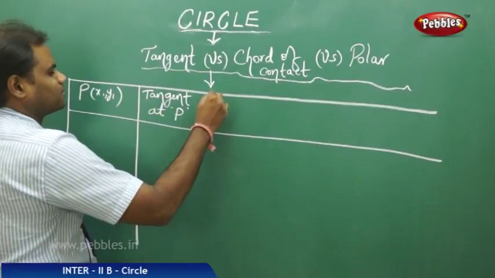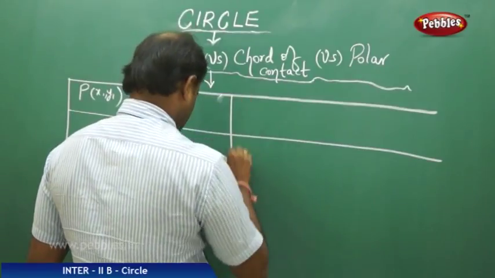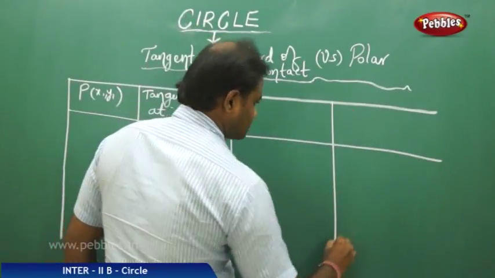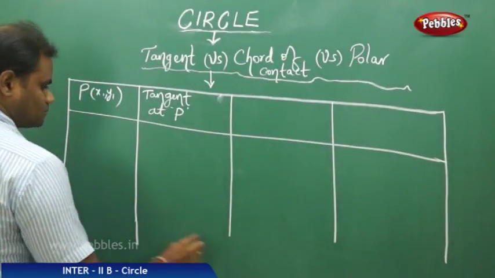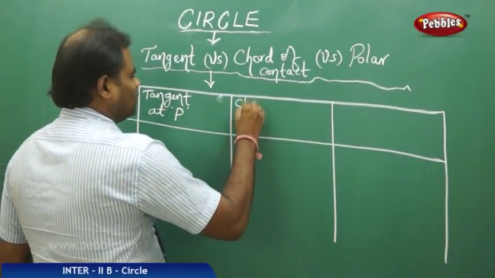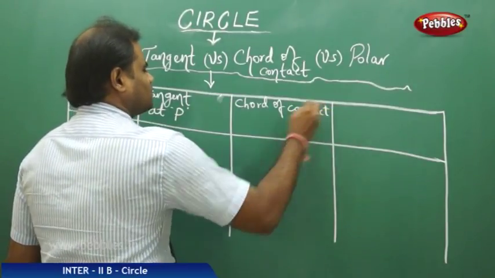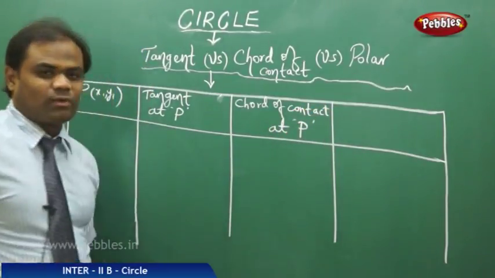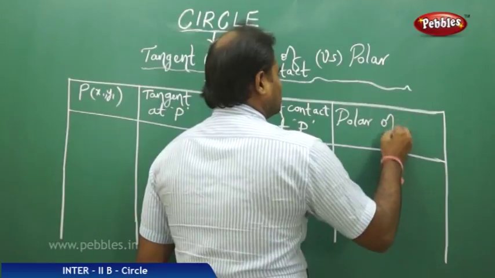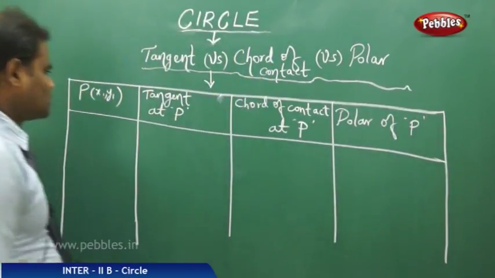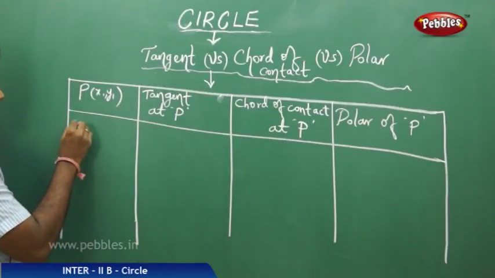So tangent at P and next is chord of contact at P, x1, y1, and next finally it is polar of the point P. So these are the three cases which I take for the point P, where the first case is interior point.